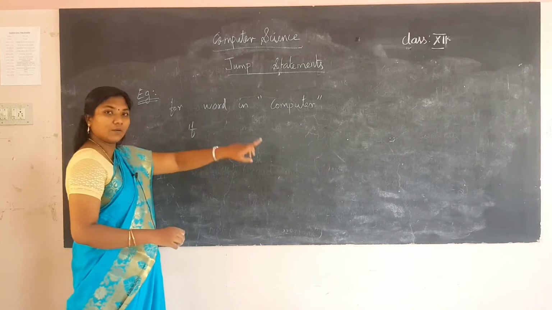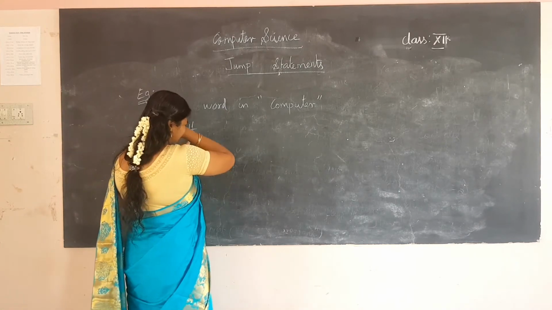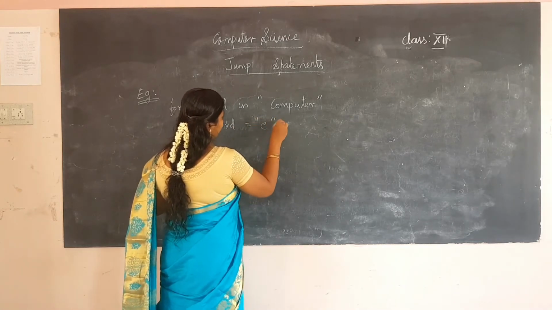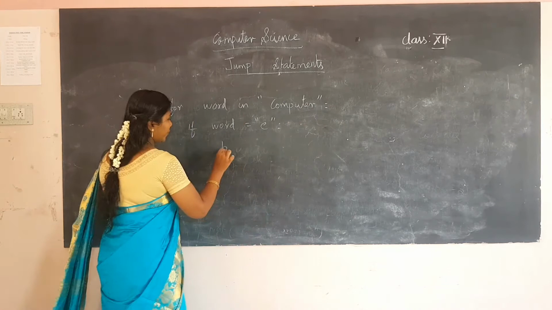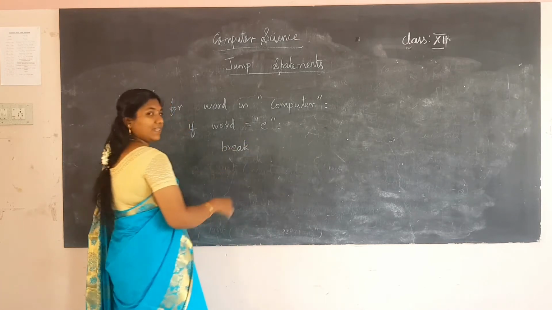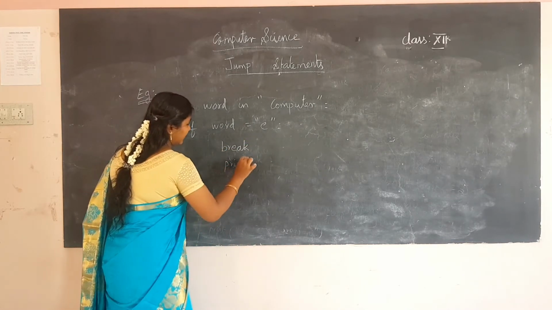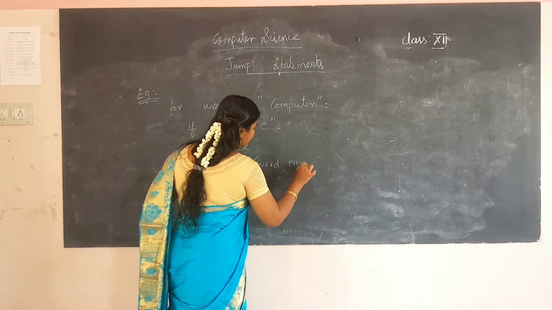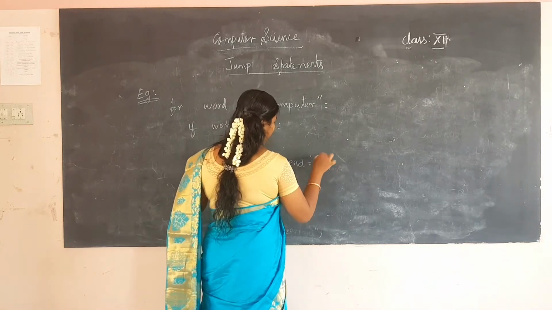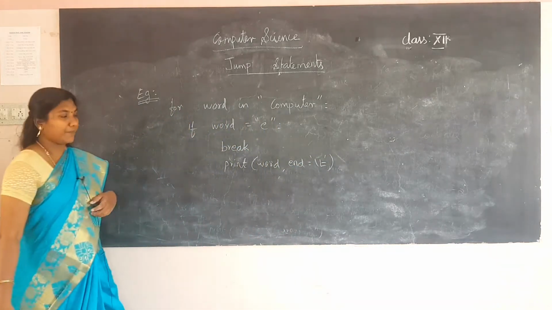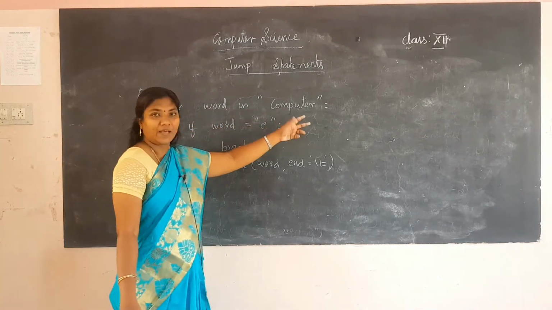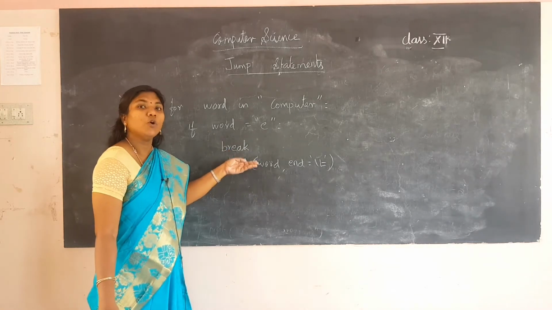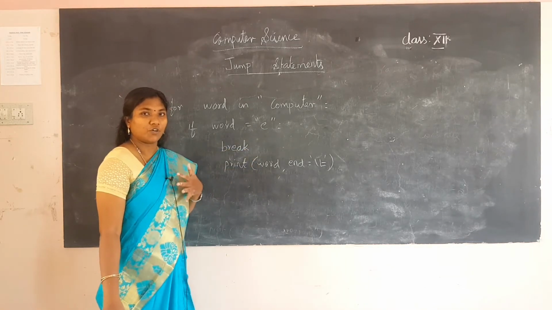So I am going to check the condition: if word equal to E, I am going to break the execution of the loop, and I ask it to print word. So for word in computer, if the word is equal to E, I have asked the system to break, that is, it has to stop the execution of the program.